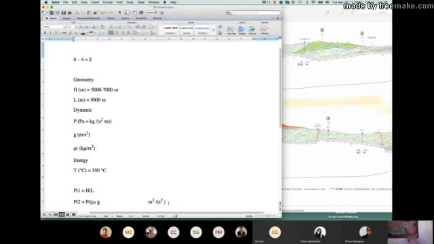And if I divide by gravity, seconds will cancel out, and meters cancel out with the square here. And so I need to divide also, say, by H, for instance.